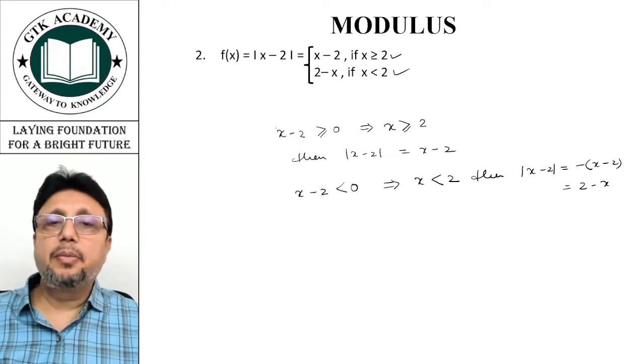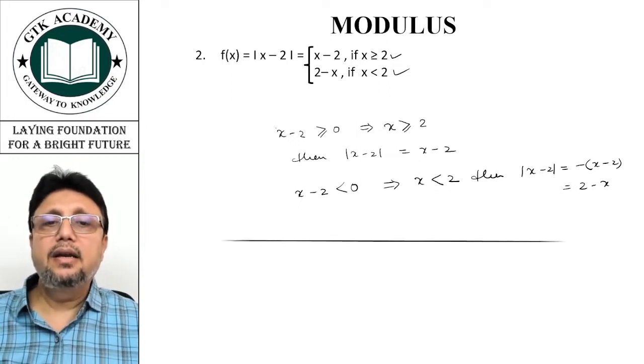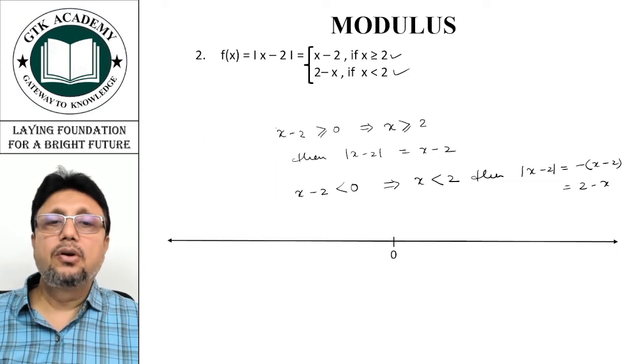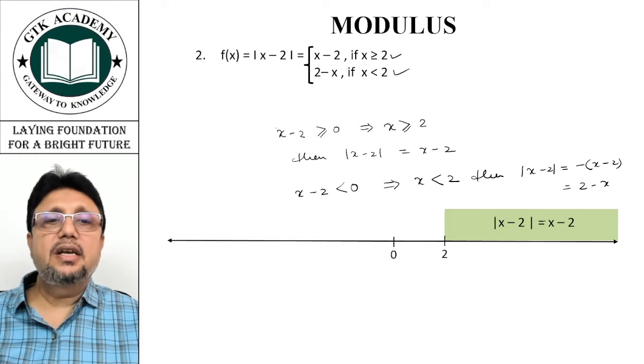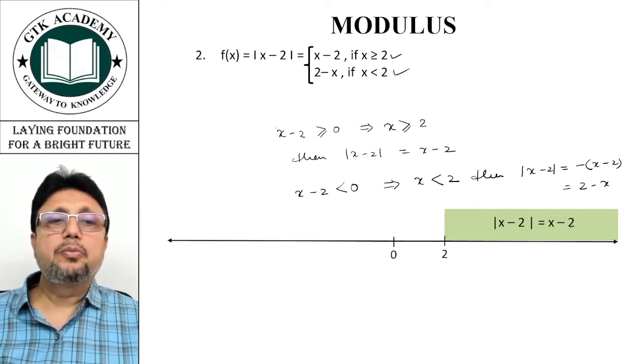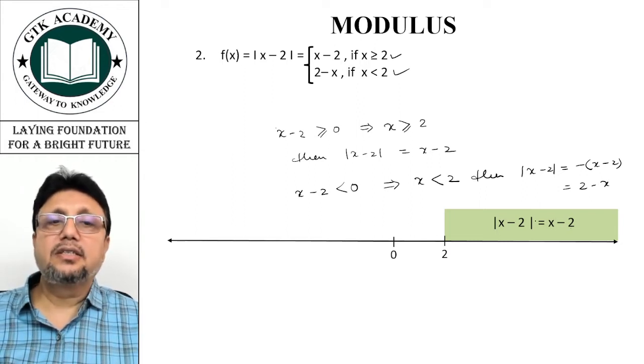So let us again depict this also on a number line. You have 0 and here you have 2. So if x is greater than 2, that means this region in green, then mod x minus 2 will be written as x minus 2 only, because in this region x minus 2 is positive. So it will be written as it is.